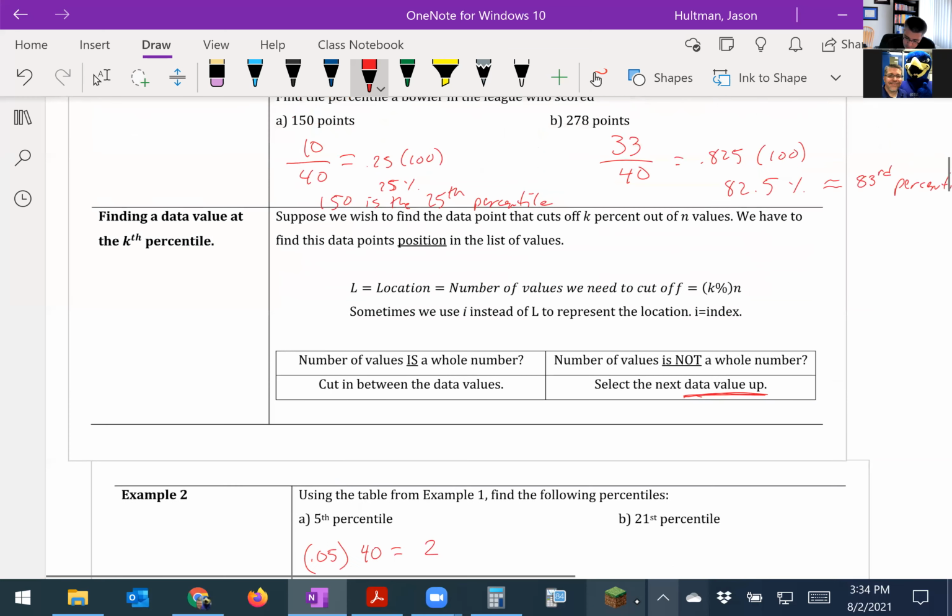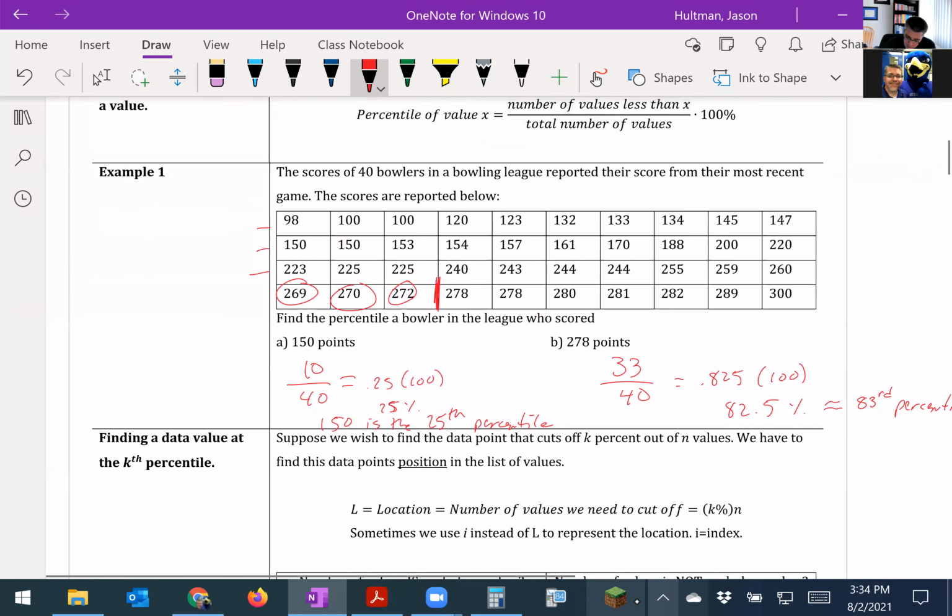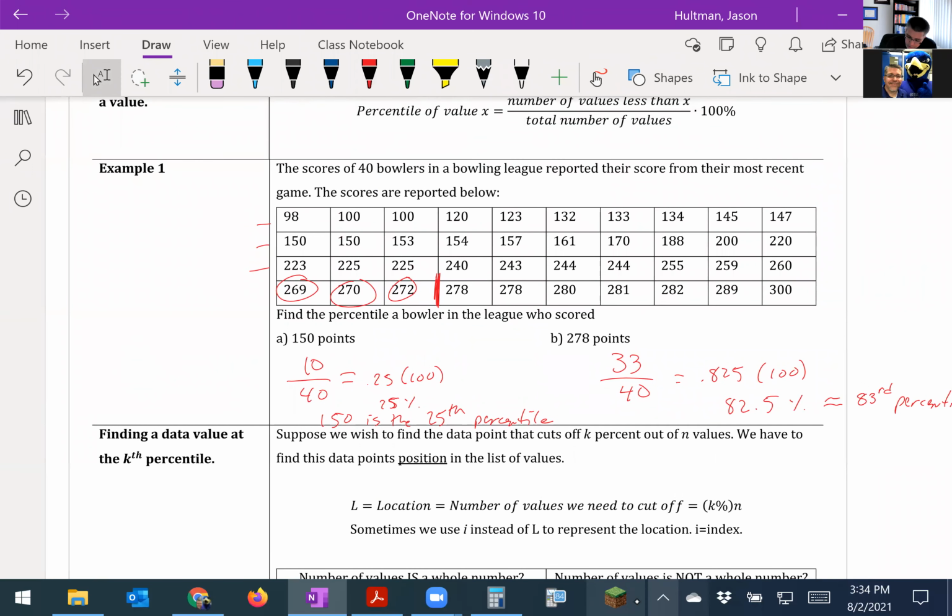Okay, so how does this work? Let's go up here. The first data value here is 98. The second data value is 100. And the third data value is 100, right? So if it's a whole number, we're going to cut right in between the second and third values.